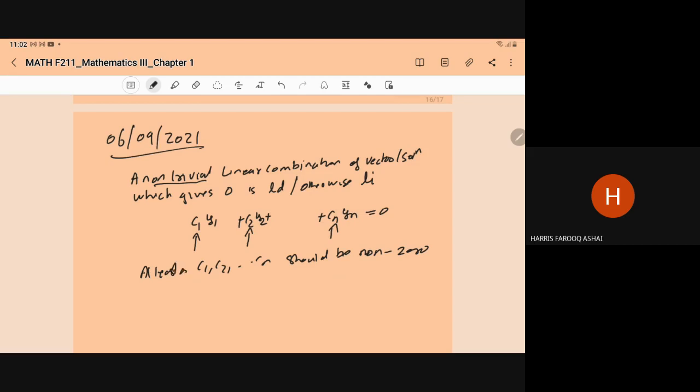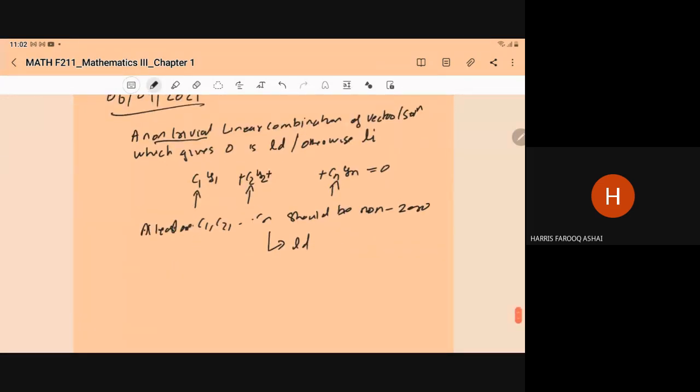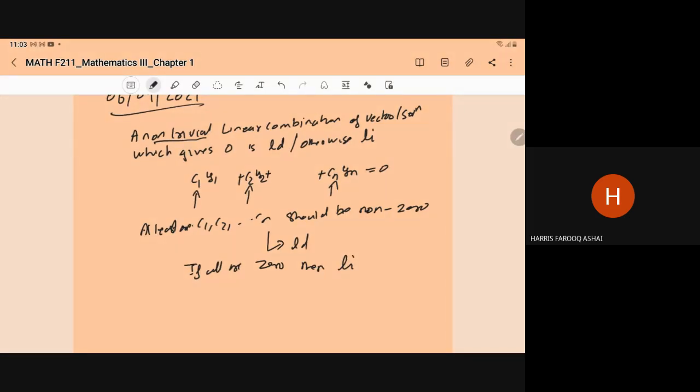At least one of the c1, c2, cn should be non-zero, then it is LD. If all are zero, then LI. Clear?